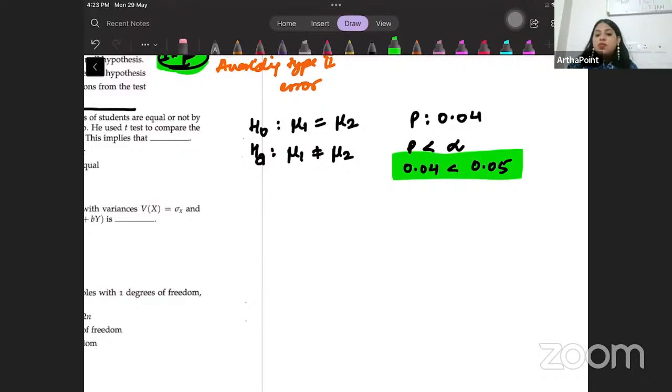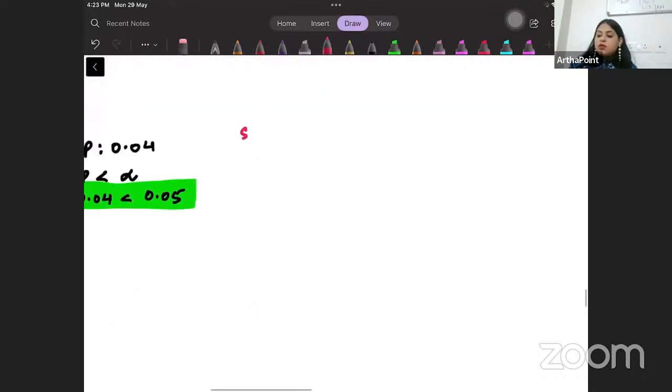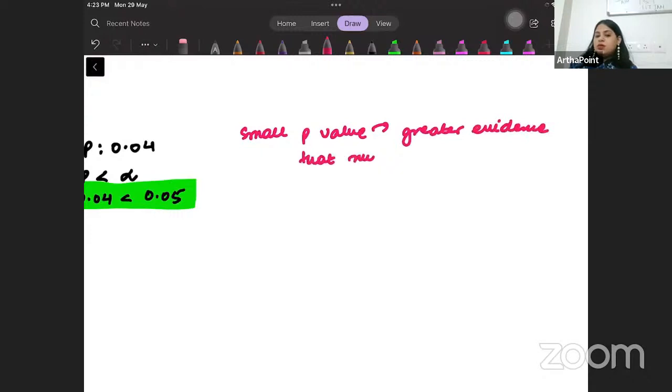So when you have a small p-value, please write down, you have greater evidence that null is not true. So small p-value means greater evidence that null is not true.